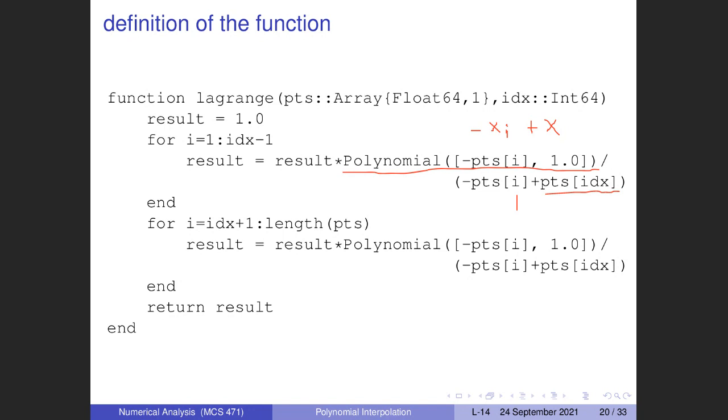So this is xi. So we skip in this loop here. So this is actually a single loop where we actually skip the ith term, the term defined by the idx. So as an alternative, we could have used SymPy other than the Polynomials package. But this is a very convenient way to do it.